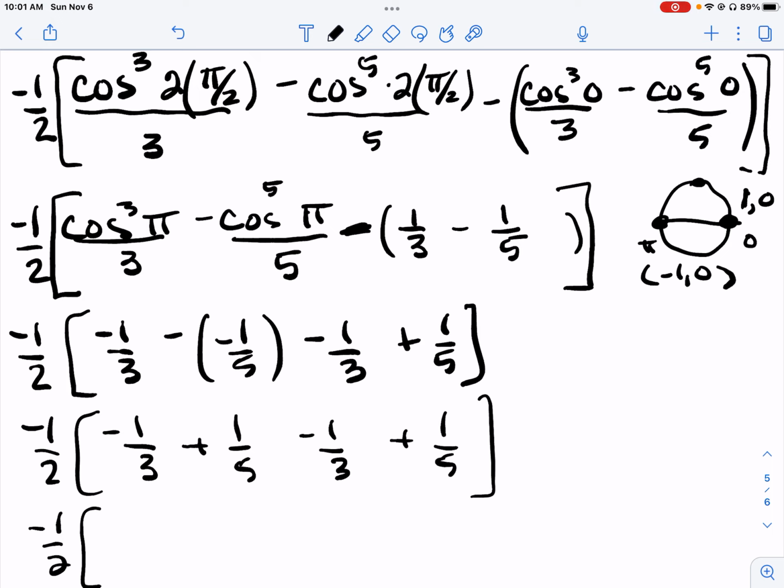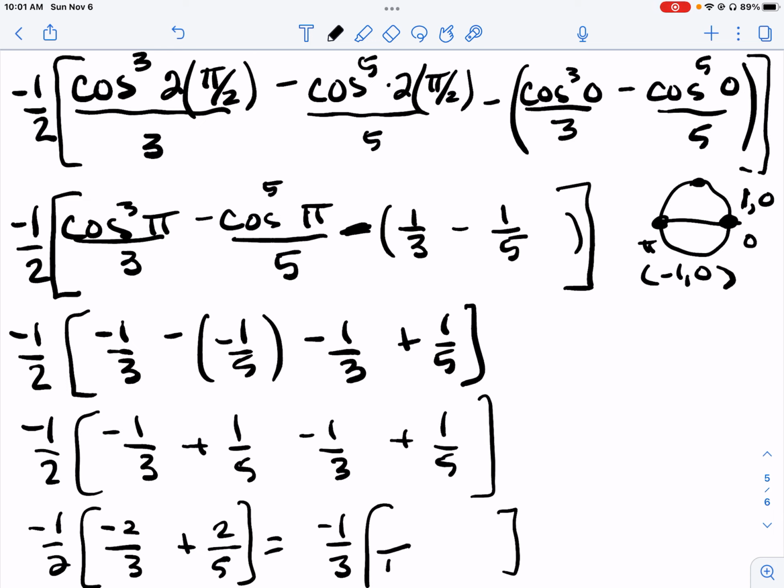Okay, now I'm doing this by hand. You can use your calculator. Negative 1/3 minus 1/3 is negative 2/3. 1/5 plus 1/5 is 2/5. Okay, a common denominator would be 15.